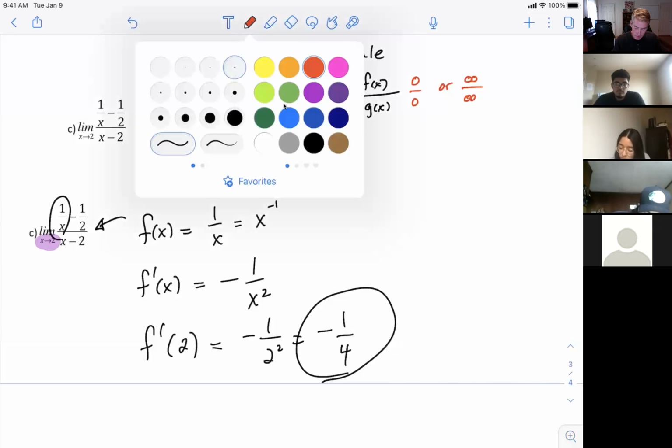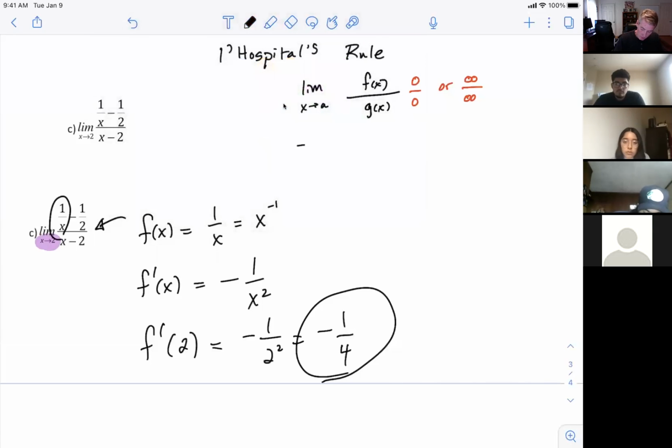So if you get either of those, then what you do is you just take the derivative on the top and you take the derivative on the bottom. So not even the quotient rule, just take the derivative of the top and take the derivative of the bottom, and then you will get the same answer as the original problem.